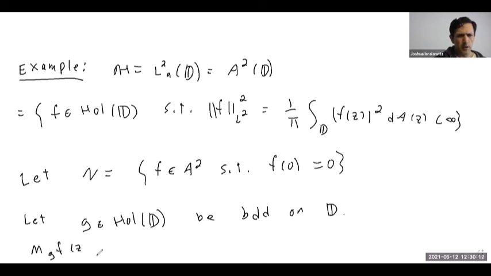So let's say M_G f is just multiplication by G. Right. So certainly, obviously, this is in A2 if f is in A2, and because G is bounded, this is obviously a bounded operator.